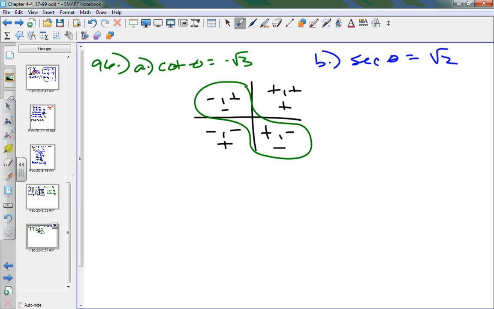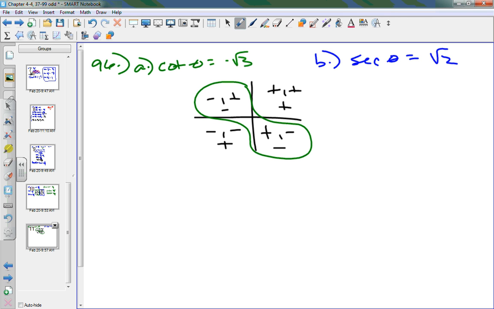Cotangent's negative in quadrants 2 and 4, right? How do I get lovely little square root of 3 for a cotangent? Well, I'm pretty certain that square root of 3 is not anywhere near a 45-degree angle, right? Because you're not going to get a square root of 3 answer. So that leaves me either 30 or 60 degrees, right? It's either 30 or 60 degrees.